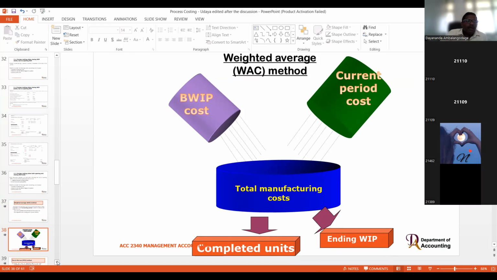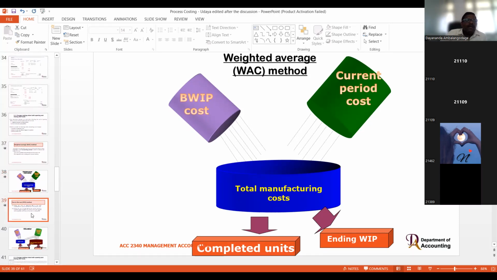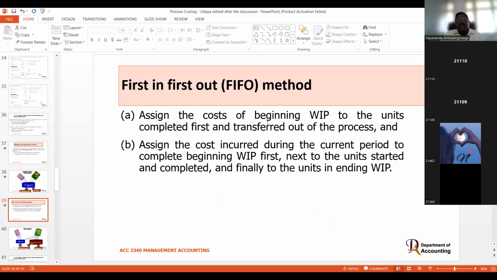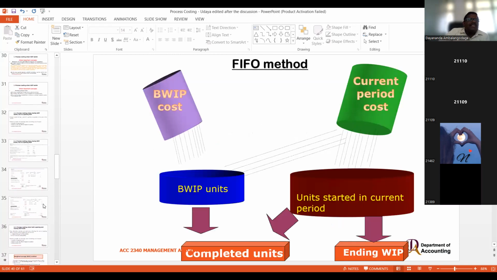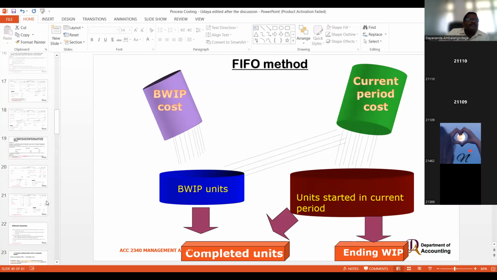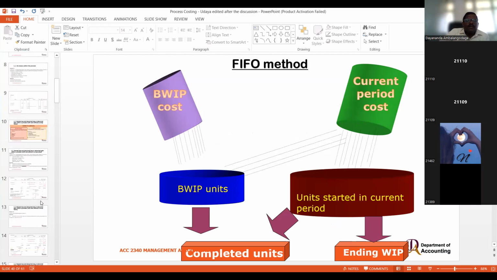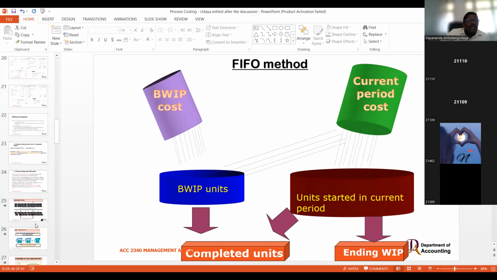But in the first in first out method, when you say first in first out, we assume that the items which have not already been completed at the beginning of the period will be completed first. Then we will talk about the closing WIP. So if I go back to your previous slides, just to explain the FIFO method, previously we had a camera story.